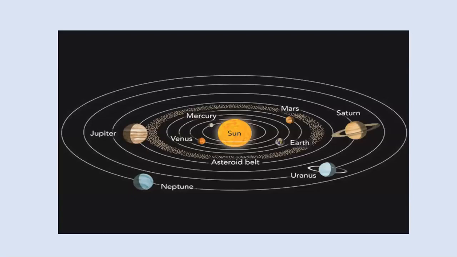So students, look at this picture and tell me what is at the center of the solar system. The sun. Absolutely correct, students. Now, name the planets in our solar system.